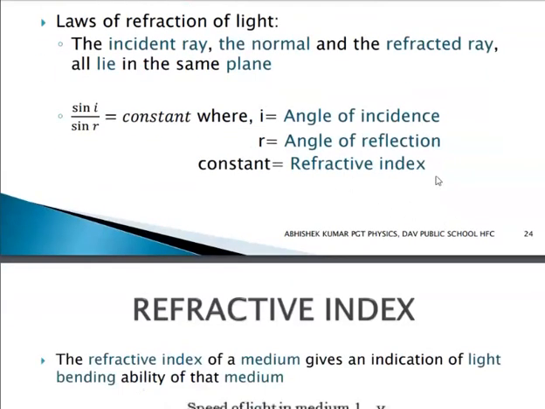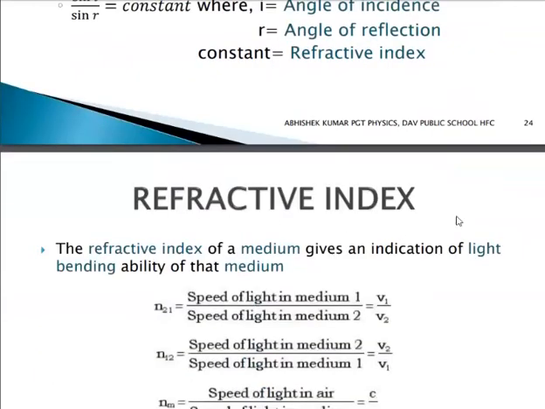So refractive index is involved in the expression, so it is essential to define what refractive index is. As you know well, when light passes from one medium to another medium, then light bends either towards the normal or away from the normal.